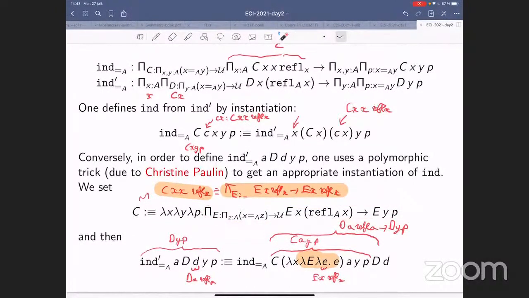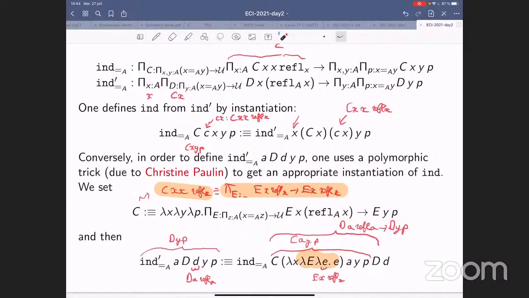Because it is of this type, I can continue to apply this expression, because it starts with a pi E. So I apply to D. Now I'm here, where now the E is D, my original D, and this is where the original D makes its appearance.